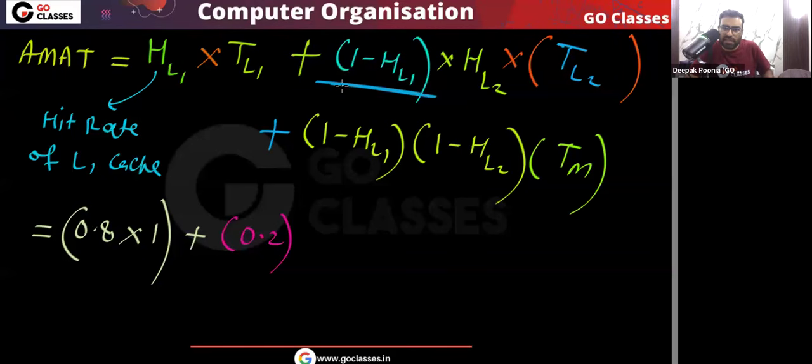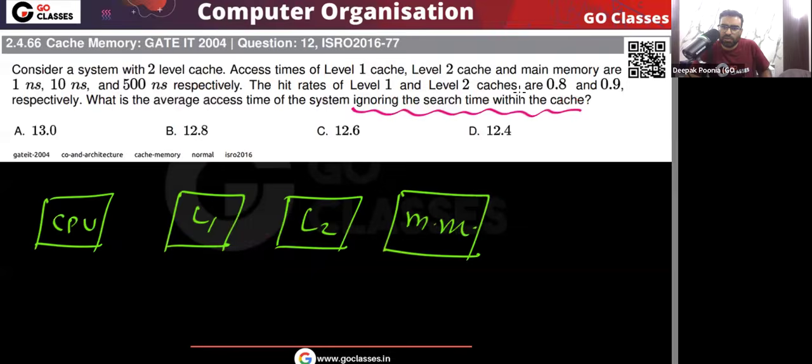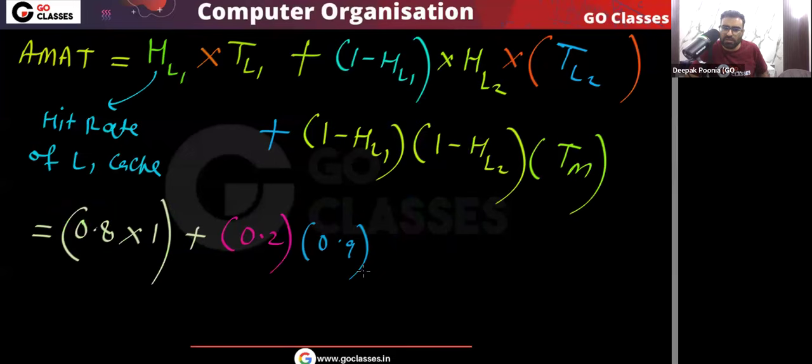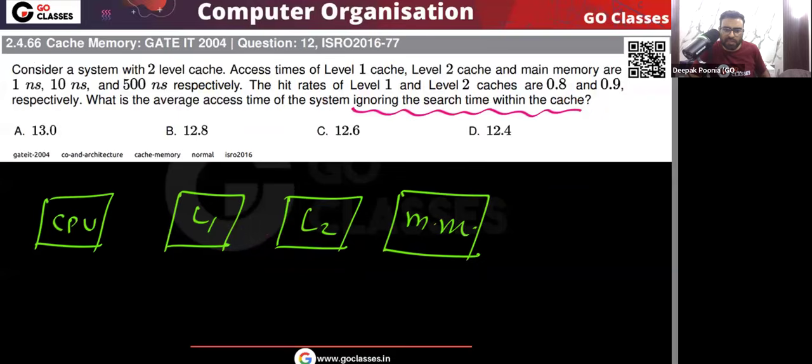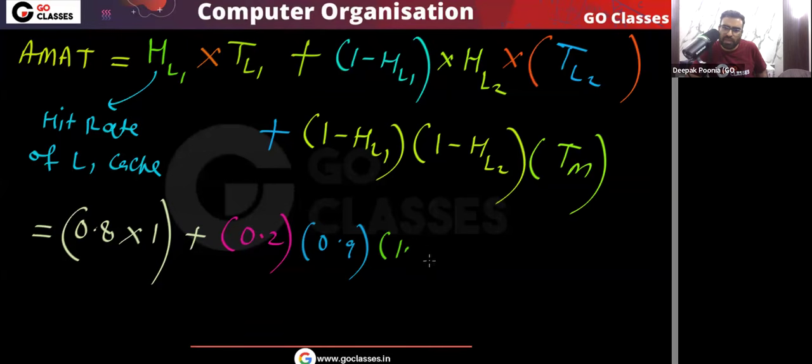When there is a miss in L1 and a hit in L2, what is the hit rate of L2? The question says the hit rate of L2 is 0.9. In this situation, we need to ignore the search time within the L1 cache, so the total access time seen by the processor will be the access time of the L2 cache, which is 10 nanoseconds, so multiplied by 10, plus, when there is a miss in both L1 and L2, the miss rate of L1 is 0.2 and the miss rate of L2 is 0.1.